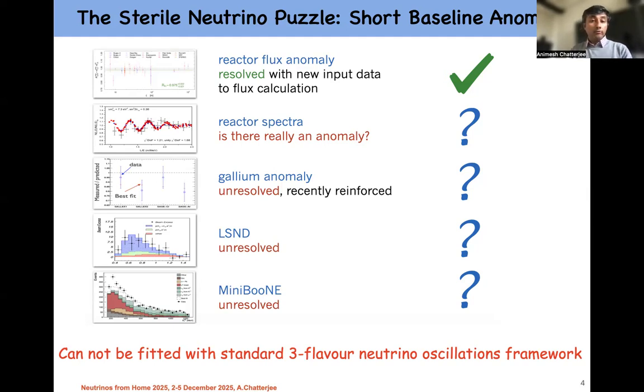There was also an anomaly initially observed by looking at the flux calculated from the reactor spectra, which was now recalculated and matches well within the expected.